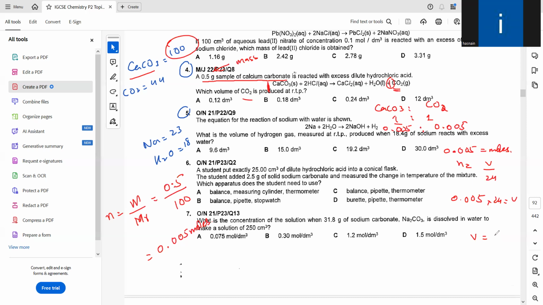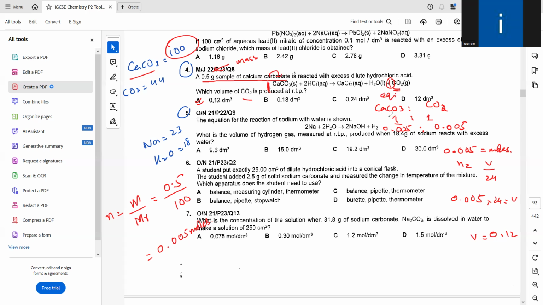Yeah, that's 0.12. Do you both get this part? Anmol, are you following? Beta, is this clear to you? Sir, after you calculated the answer for CaCO3, how did you do the other one? I used the equation and wrote the number of moles I see in the equation.